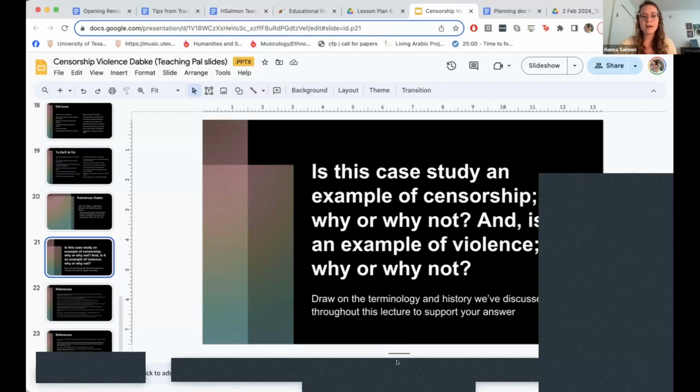As I wrap up, I say that censorship is a form of psychological violence because it prevents expression. It makes it so that certain voices are inaudible, invisible in particular spaces, and that Debka, as an example of cultural resistance, is a way of countering that.